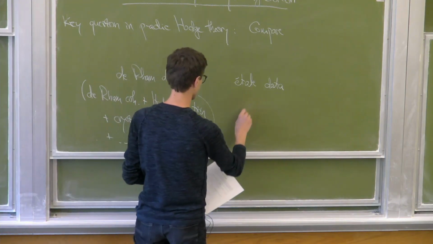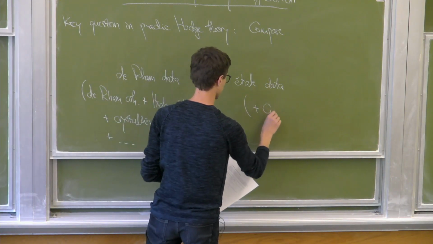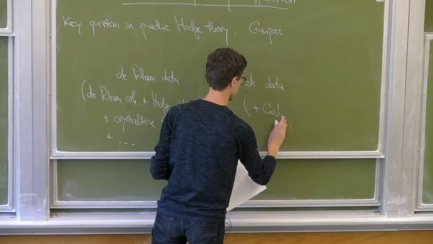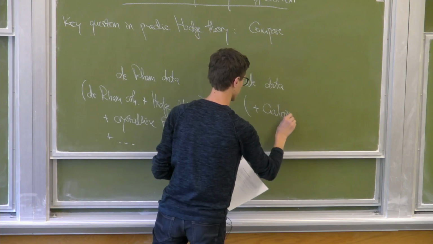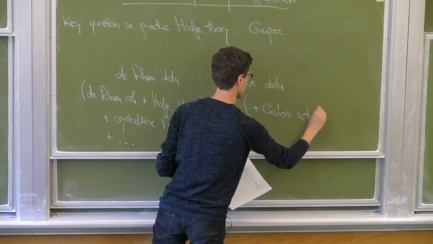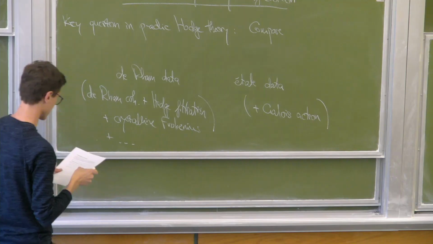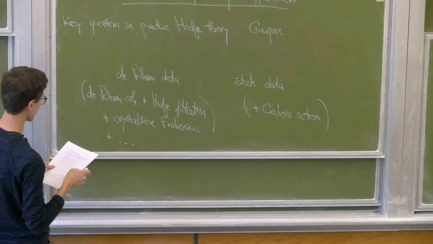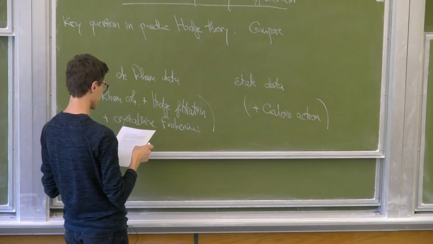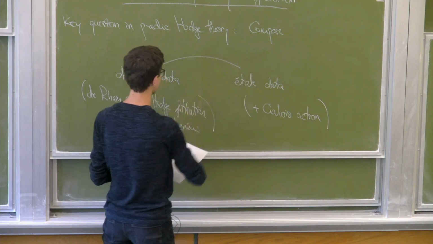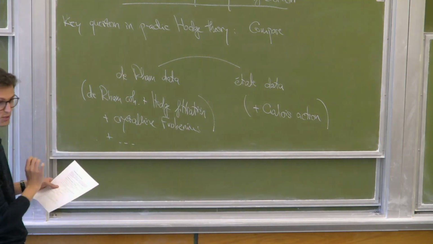And maybe on the étale side, we're also interested in the Galois representation on étale cohomology. And the role of syntomic cohomology is supposed to be to bridge these two sides.